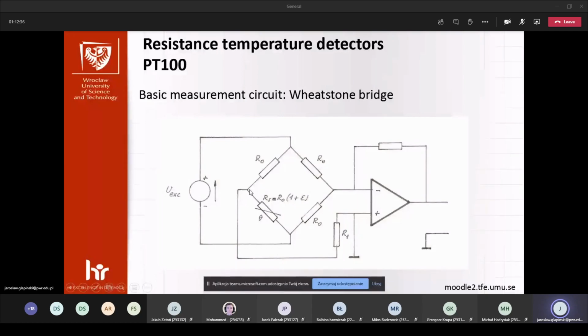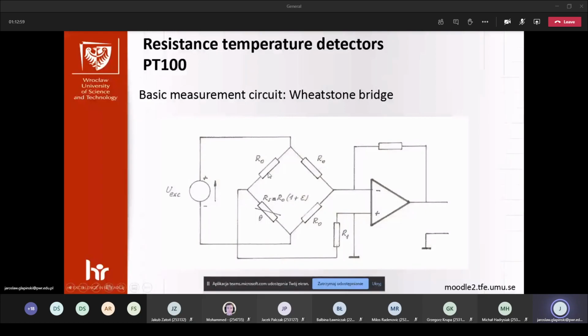The changes of the voltage are caused by the changes of the temperature, of course, but the changes of the voltage using PT elements are also very small. It's milliohms in the matter of fact. So we have very small changes of voltage here.